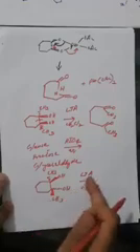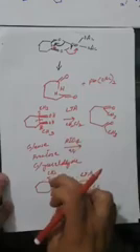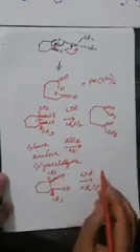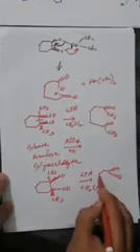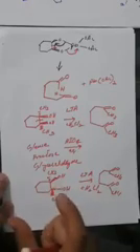Remember, the product will be the same because lead tetraacetate reacts with vicinal diols in the same way, whether they are syn to each other or anti to each other. So your product will be the same. But remember that there will be a difference in the rate of reaction.